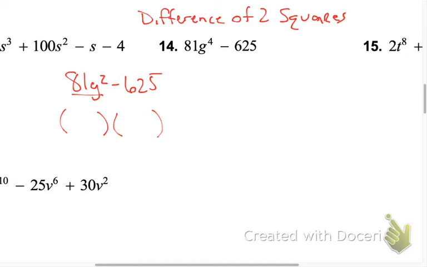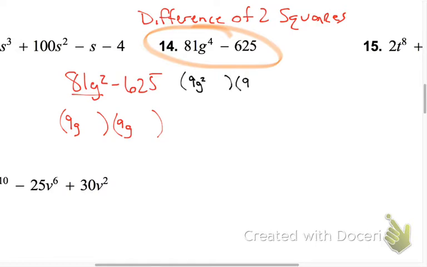9g, right? So you would do 9g and you would have 9g, if it was squared. What's the only thing that's going to be different, though, right here? Instead of it being 9g and 9g, it's going to be 9g squared and 9g squared.